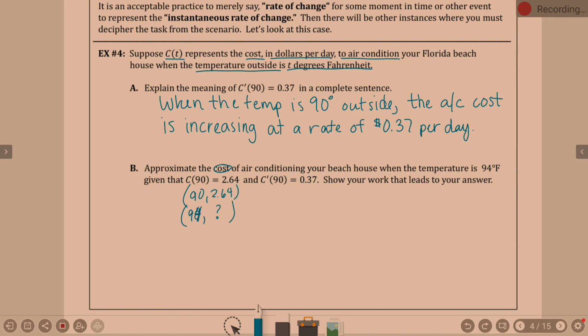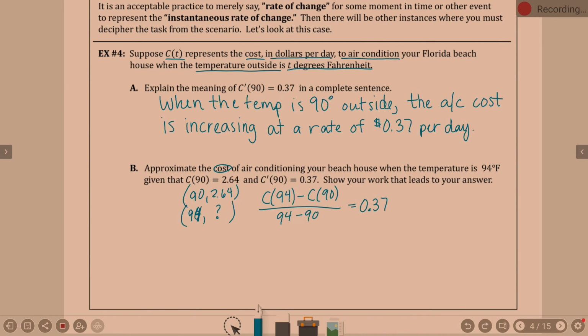And we know the derivative, right? So we can set this up as, I think of it like average rate of change: C of 94 minus C of 90 over 94 minus 90, and that's going to equal the 0.37.